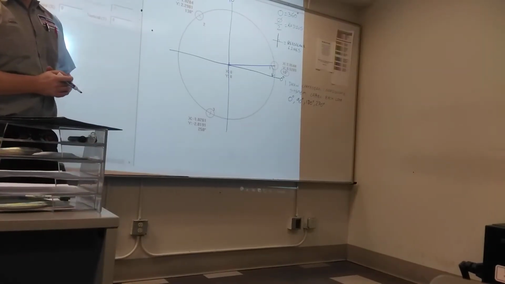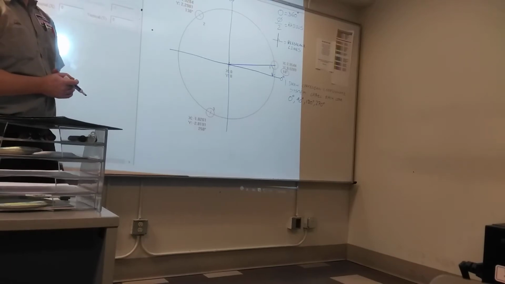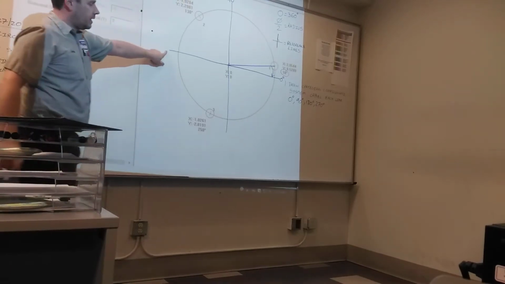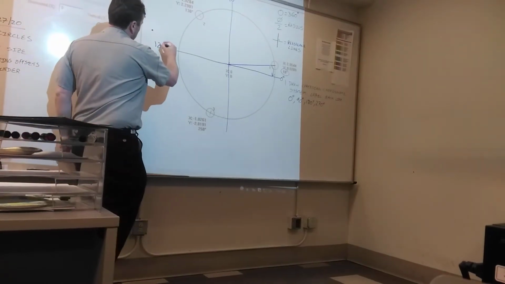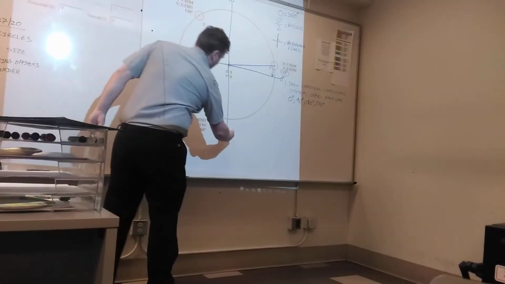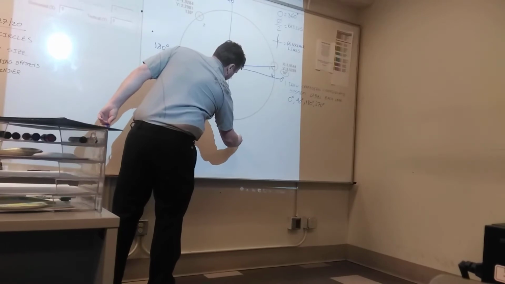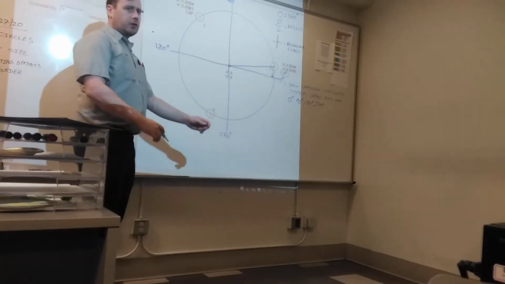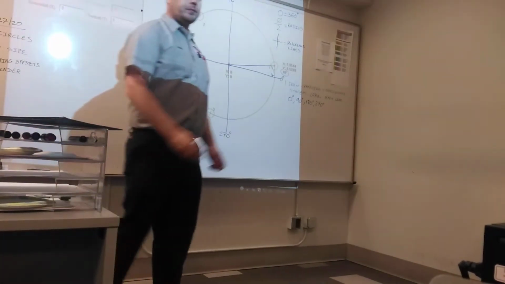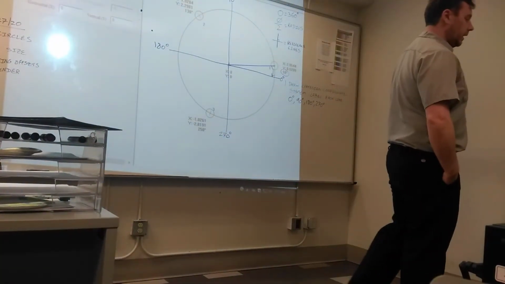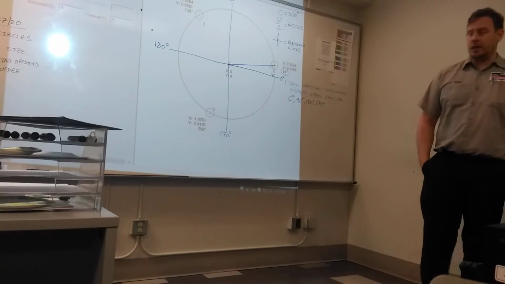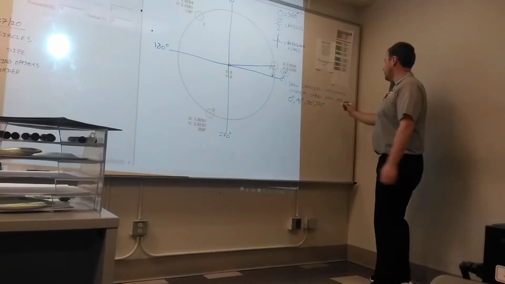Vertical line going to 12 o'clock as 90 degrees. What is this reference line going to be? 180 degrees. And then this reference line, 270. Like a compass. 0, 90, 180, 270.